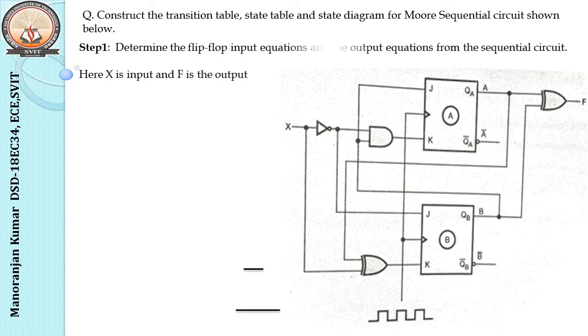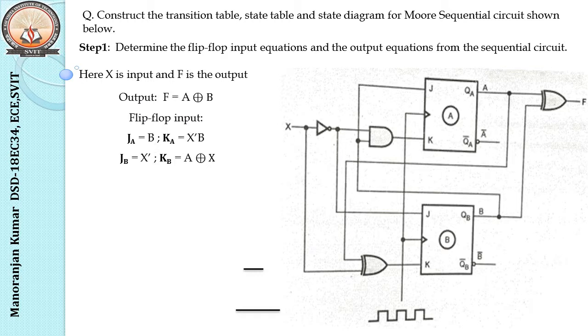In the first step, we'll determine the flip-flop input equations and the output equation from the sequential circuit. As I told you, X is the input and F is the output, so we have to find those expressions. From the diagram, one thing they have done is represent QA as A and QA bar as A bar, QB as B and QB bar as B bar, for simplicity.